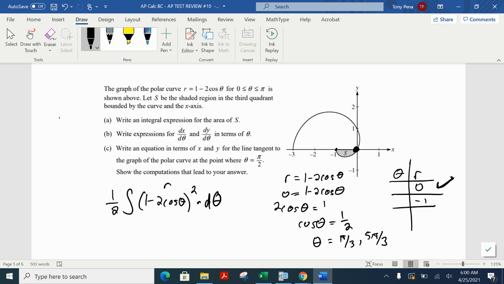The other place we want to know is, where does it equal -1? So let's take that r equation, set that equal to -1. So now that is -2 plus -2 cosine theta. So we're looking for when the cosine of theta is equal to 1.